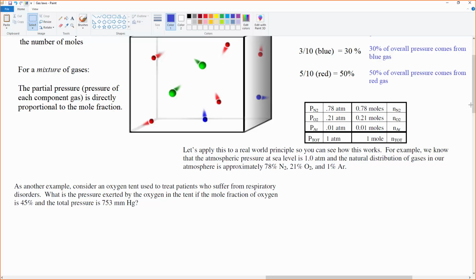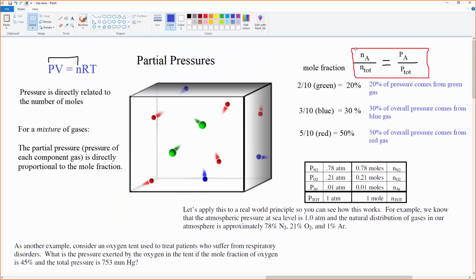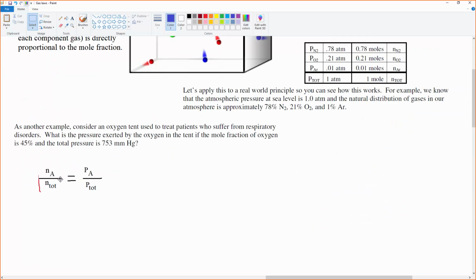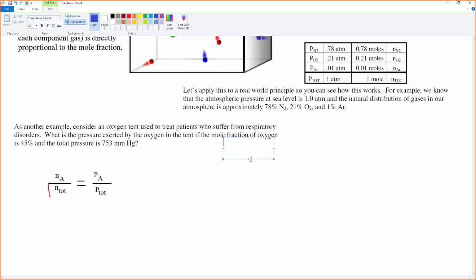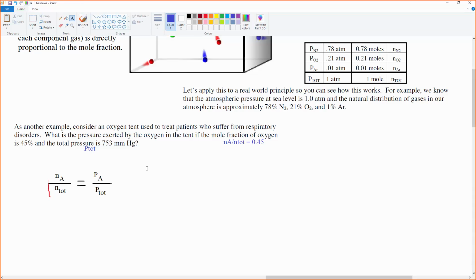So if we were to use our equation to solve the problem, let's scroll this down. When they say the mole fraction is 45%, they're telling us that N_A divided by N_tot, that mole fraction, is 0.45. And the total pressure, that's P_tot, is 753.